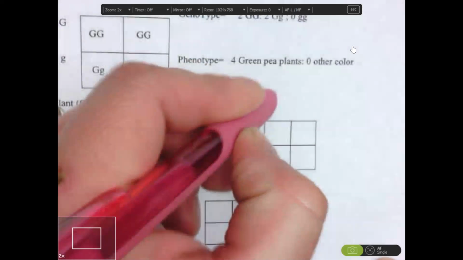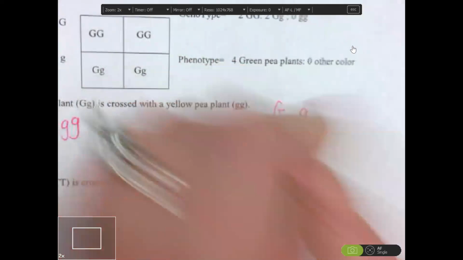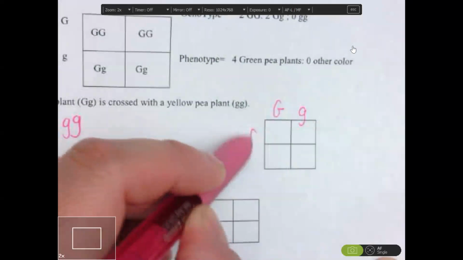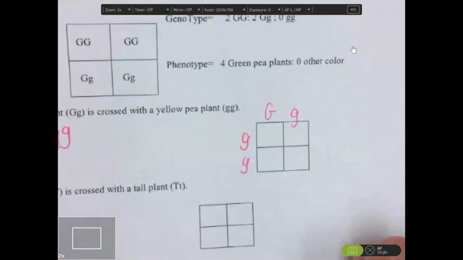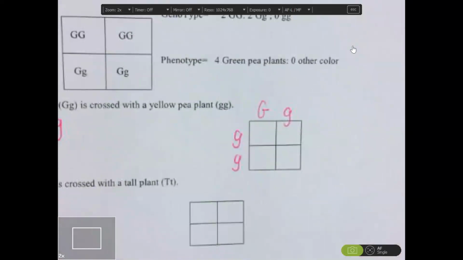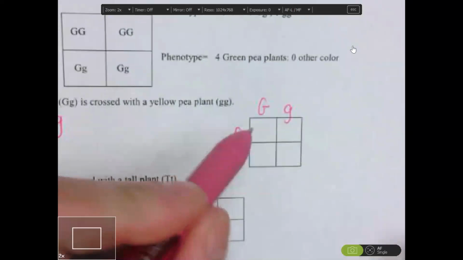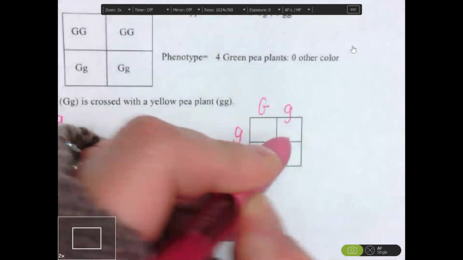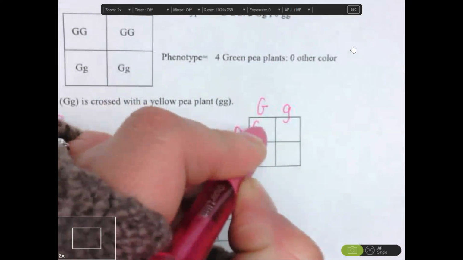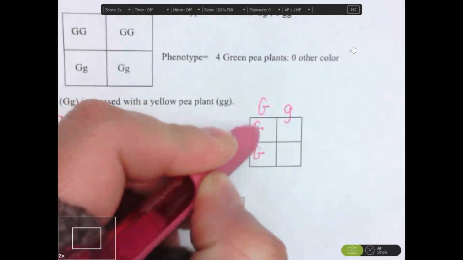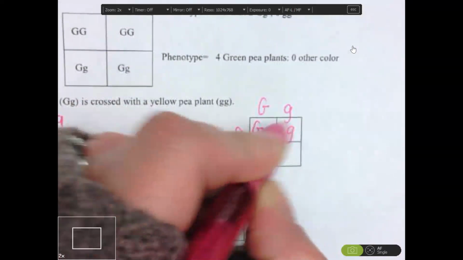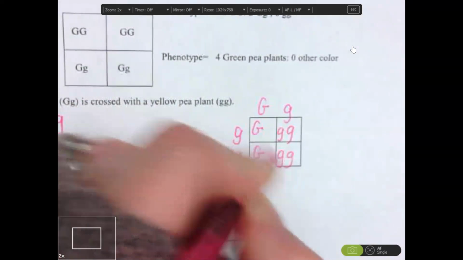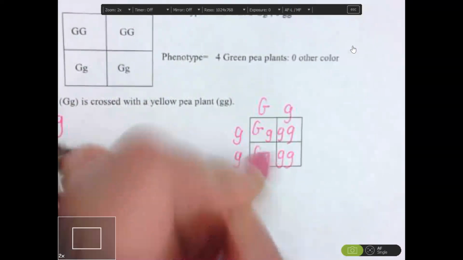So I'm going to put big G, little g, with my little g, little g. Then I'm going to drop those alleles into the box. So pretty simple. I take a big G right here, a big G right here. Then I take little g, little g, little g, little g, little g.